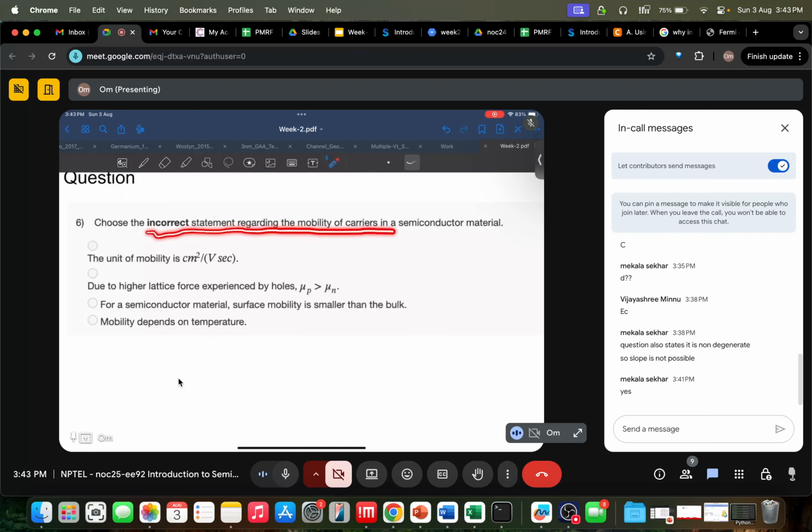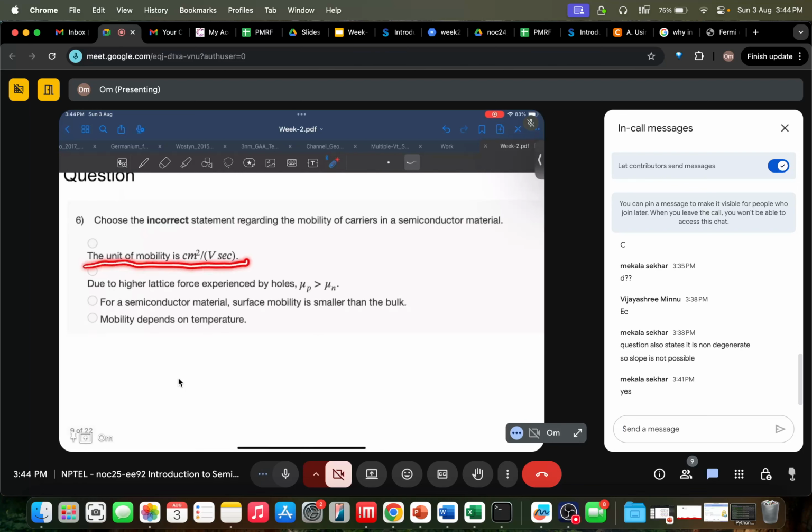Correct statement regarding the mobility of carriers in a semiconductor. The first part is the unit of mobility is centimeter square per volt second.